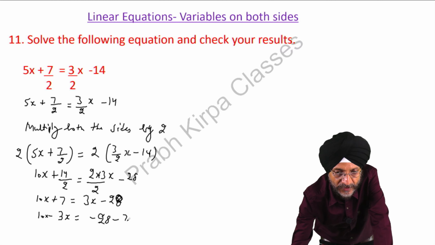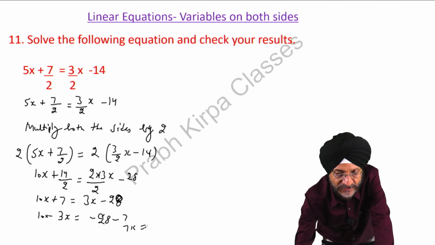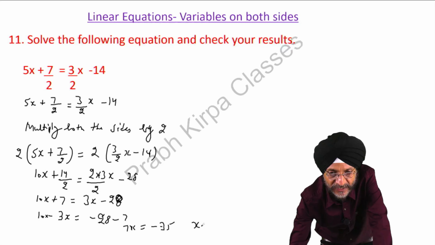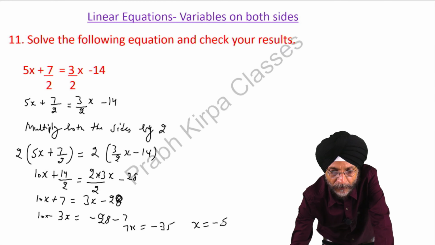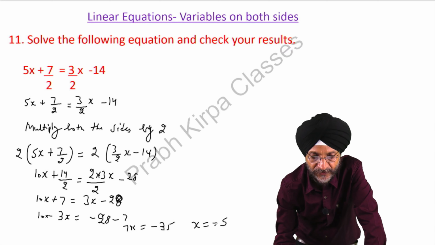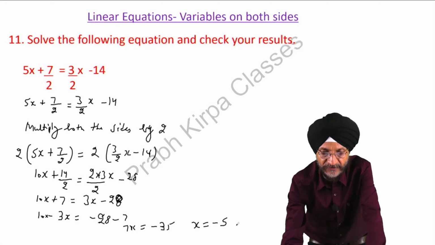So the result is 2x is equal to minus 35, or we can write it as x is equal to minus 5, because 35 will be divided by 7. So x is equal to minus 5.